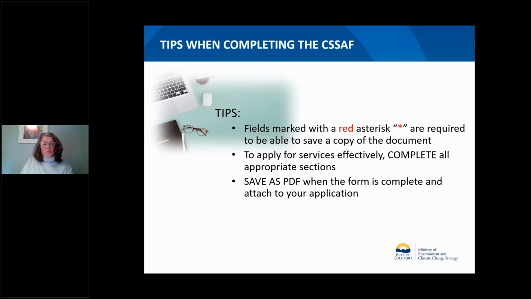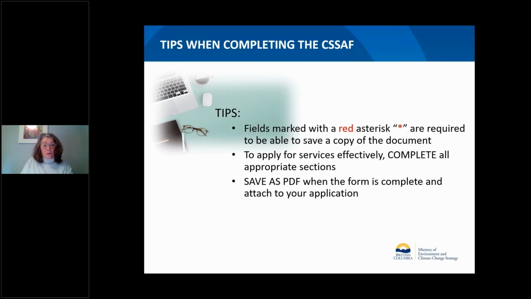From sections 1 to 8, you'll be prompted to complete the fields with a red asterisk before you move on to the next relevant section on the form. It will be easily identifiable what sections are important for your application, and it will inform you what are the components you will need to attach to your application to pass the screening process.